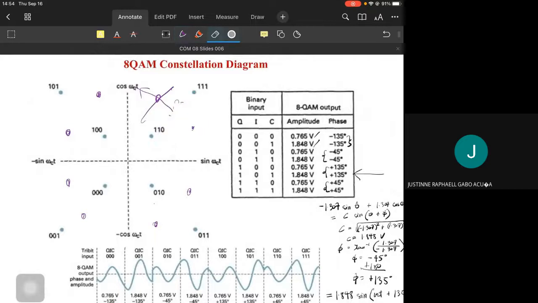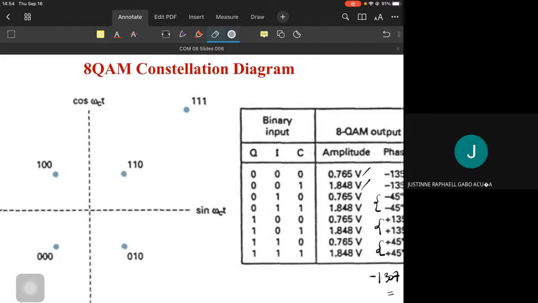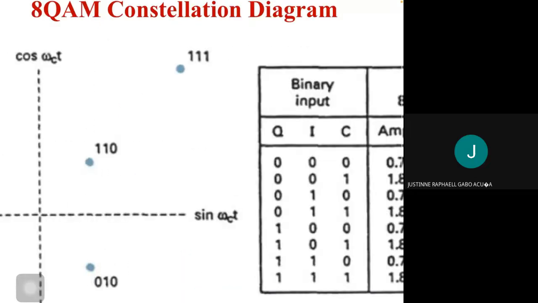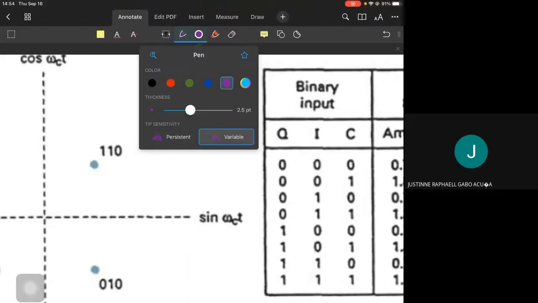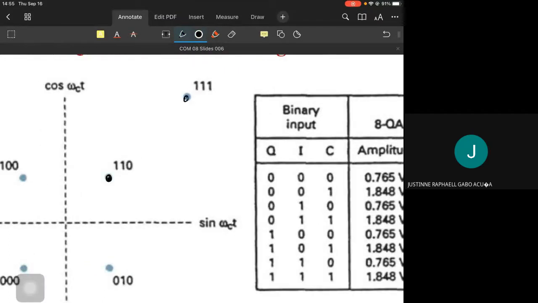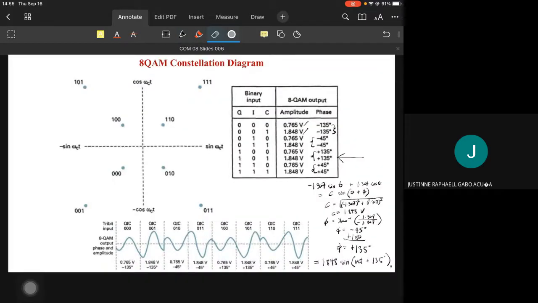But compare it with this one, no? Mas layo ilang gap. Mas layo ilang range. From let's say for example this one 110 and 111. Mas wide ang gap from one symbol to another compared to 8 PSK.